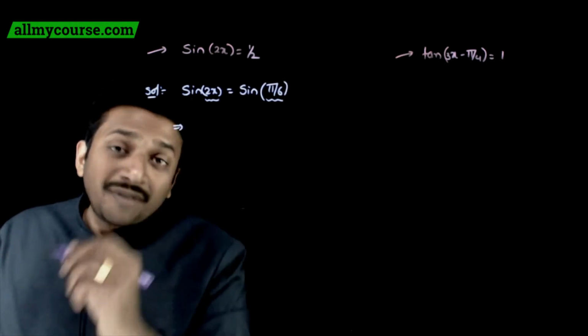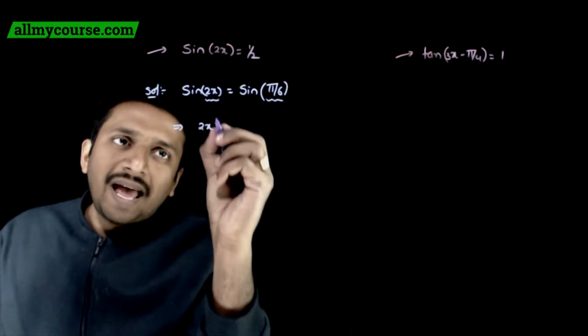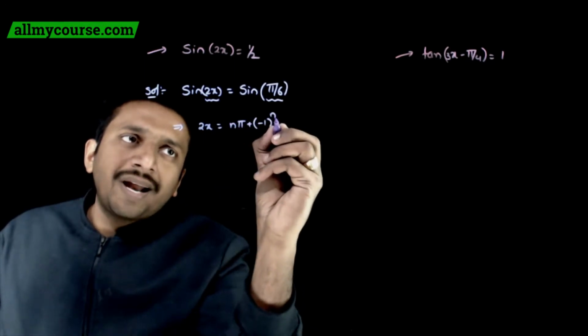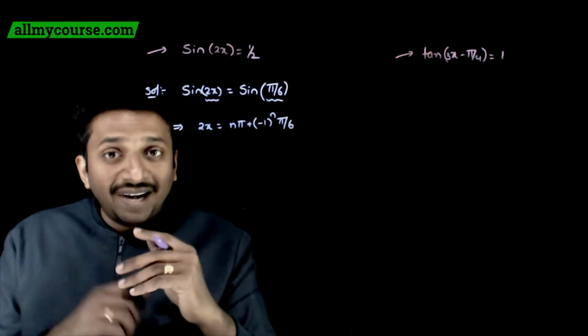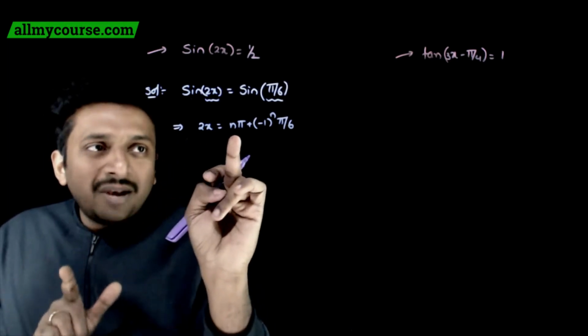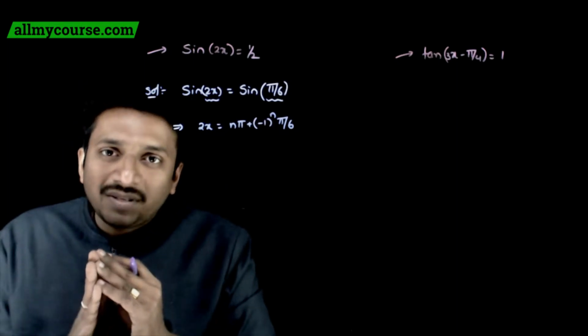So from the formula, this something has to be equal to n pi plus minus 1 whole power n times pi by 6. We write the general solution. So the general solution for 2x is n pi plus minus 1 whole power n into pi by 6.